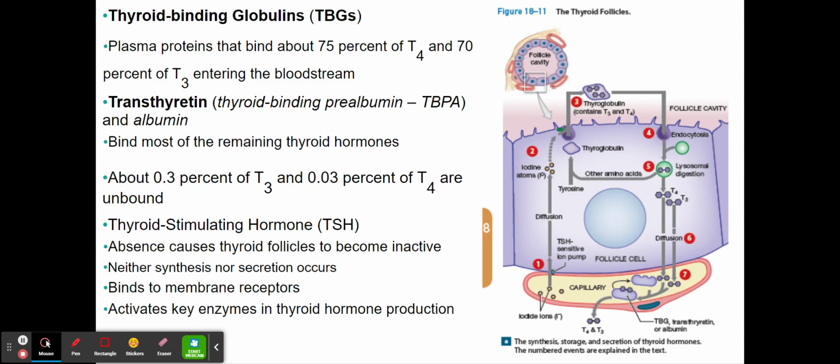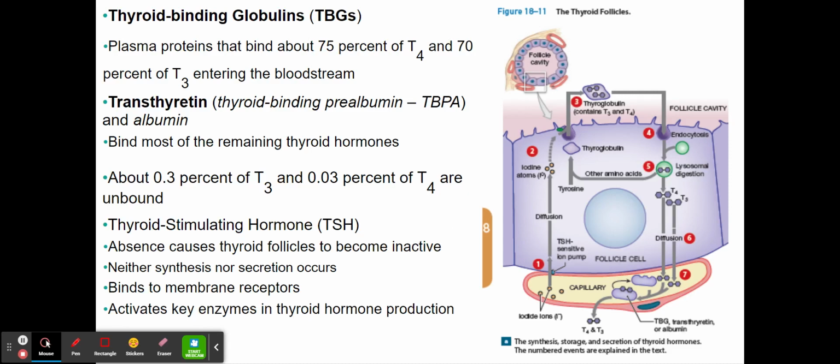Only the relatively small quantities of thyroid hormones that remain unbound, roughly 0.3% of the circulating T3 and about 0.03% of the circulating T4, are free to diffuse into peripheral tissues. Equilibrium exists between the amount of bound and unbound thyroid hormones. At any moment, free thyroid hormones are being bound to carriers at the same rate at which bound hormones are being released.